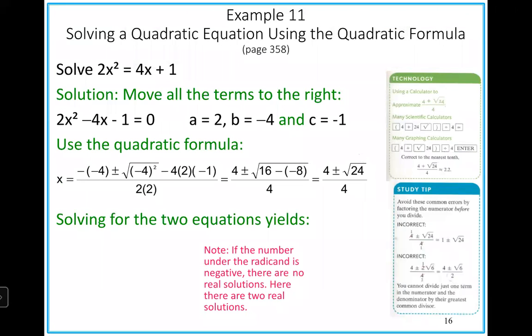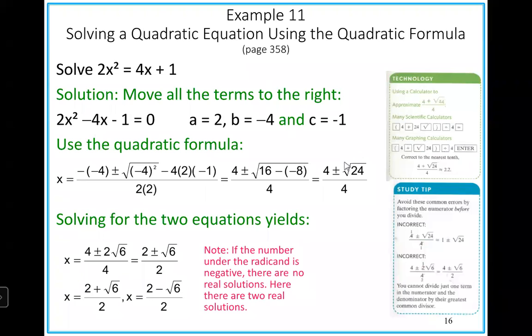You'll see in their working, they left the answer in radical form, but you have to be careful when you're doing that. If you remember when we were doing radical form, this is 4 plus or minus the square root of 24 over 4. This could be simplified, because what number could divide this now?